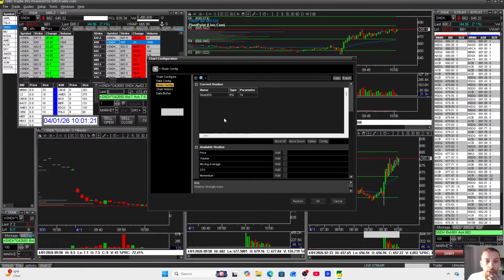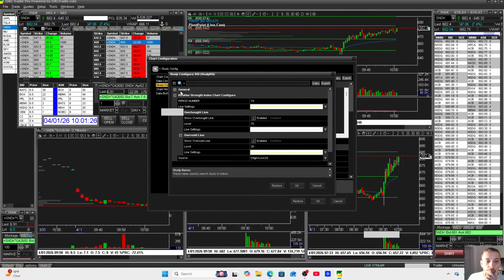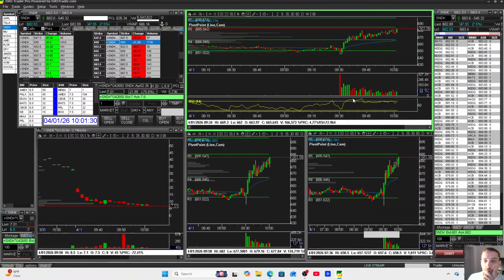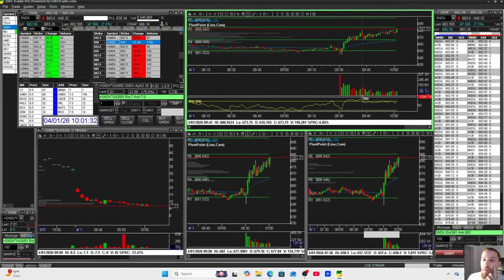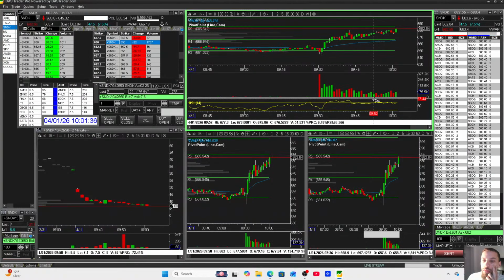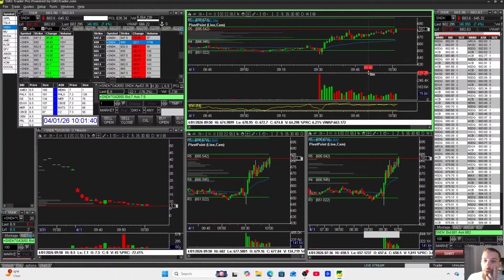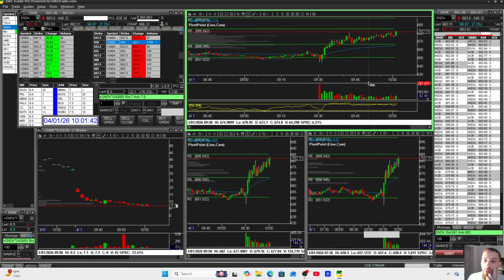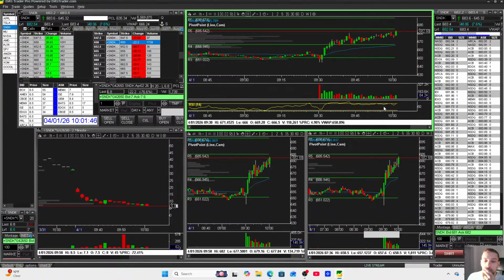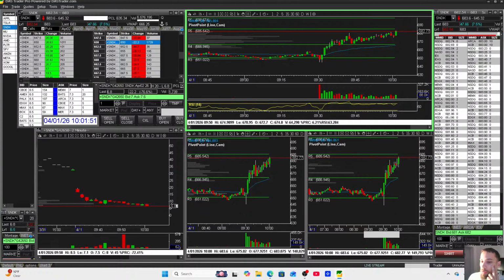Relative Strength Index. Okay, there we go. Alright, moving up to R5 here.